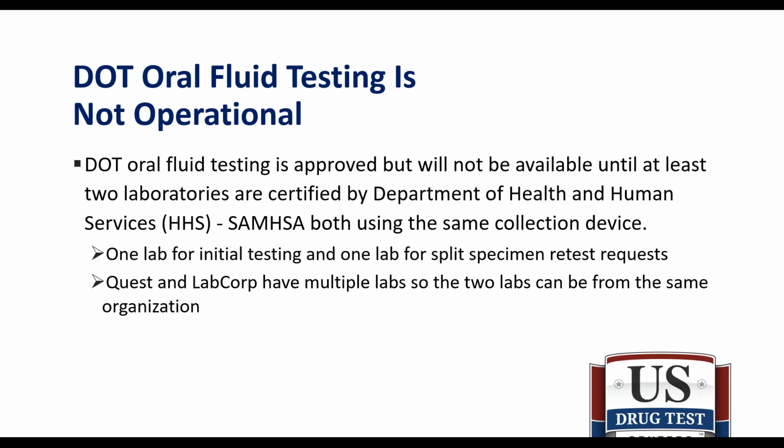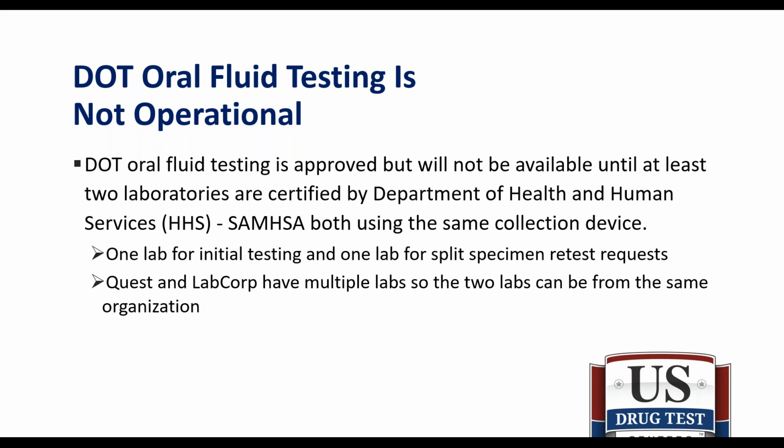I call these devices a sponge on a stick. It goes into the mouth to collect oral fluid. So we have 2 sponges on a stick that can be broken off once the oral fluid is collected, and 2 sponges go into 2 separate bottles, the A bottle and the B bottle, and they both go off to the lab.